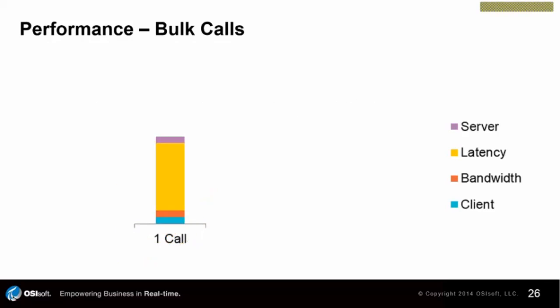So here's an example. Let's say you had to make a call to the data archive to retrieve one bit of information. Now that one call takes a certain amount of time. Relatively speaking, you will spend most of your time in network latency.